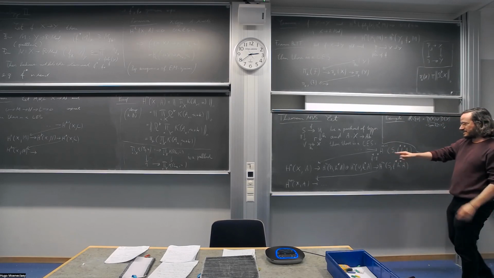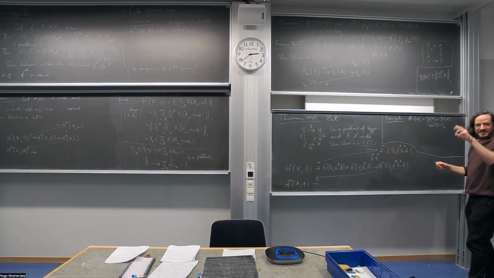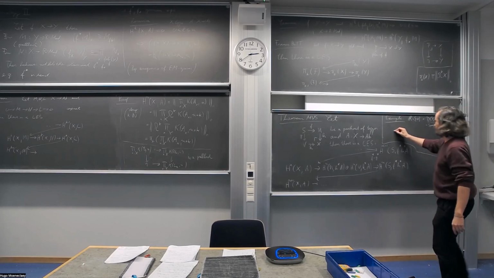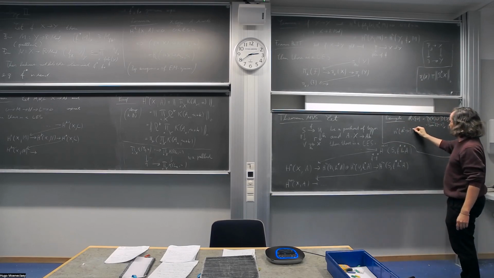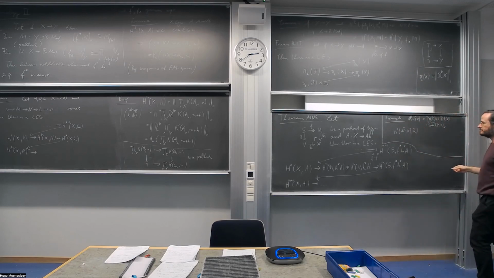So H^(-1) isn't a thing. This sequence starts with H0 of A^2. Let's say we use coefficients in R everywhere.